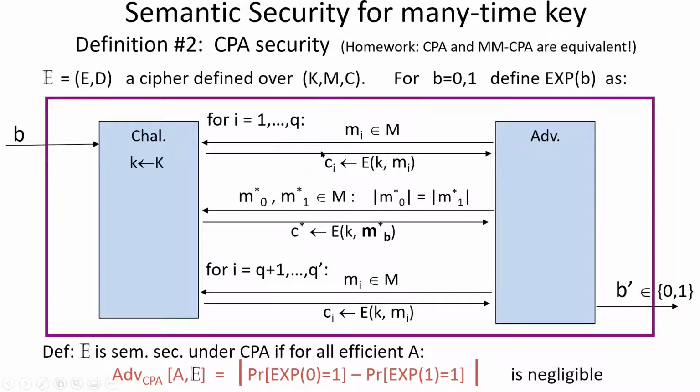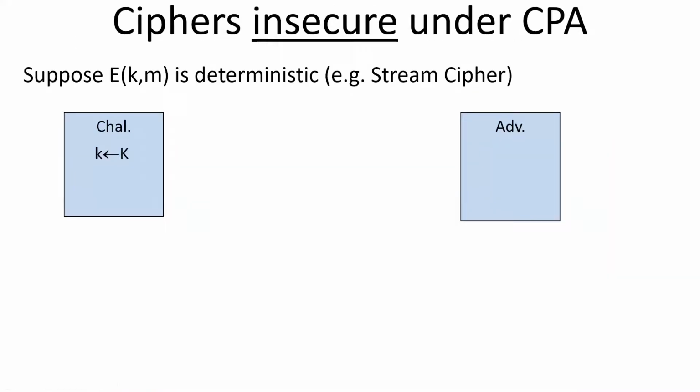So we leave this equivalence between these two models as an exercise. Here is a simple example: every encryption that we have seen, and we've basically seen two, which is one-time pad and a stream cipher, is insecure against this notion.